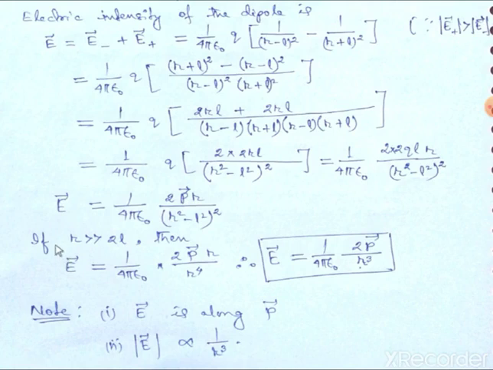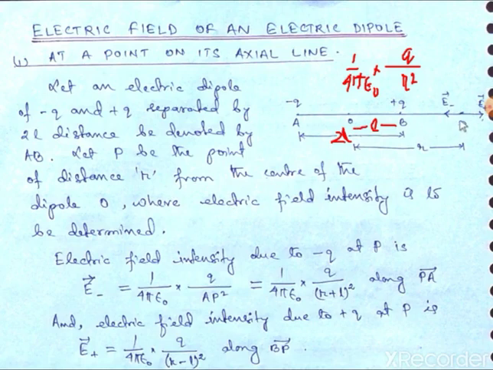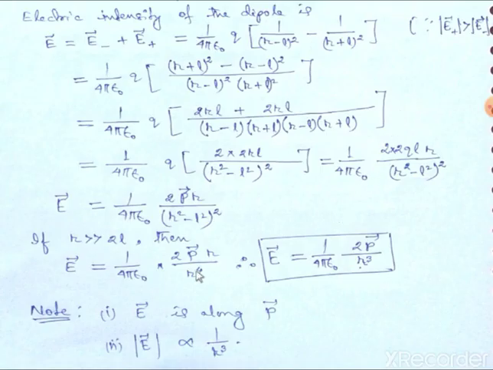Now let's see some condition. If your distance of observation from the middle point of the dipole is very much greater than the dipole length, that means the point of observation is very far away, so r is very much greater than twice l. Then in the last equation, when you subtract these two, l square is very small but r square is very large, so the l square is immaterial, as if there is no subtraction.